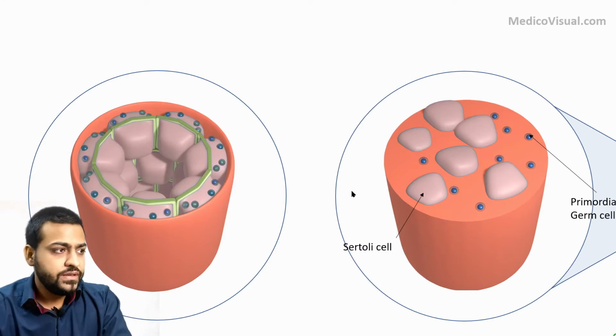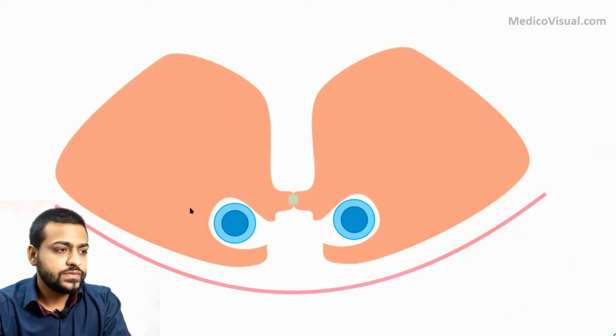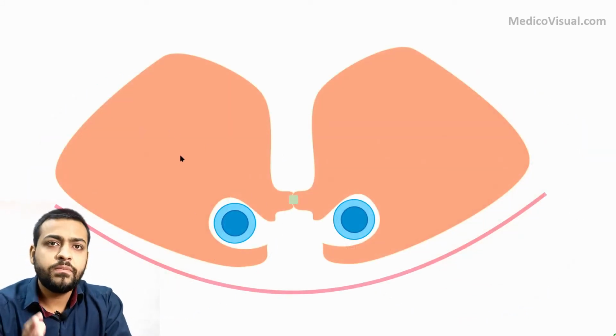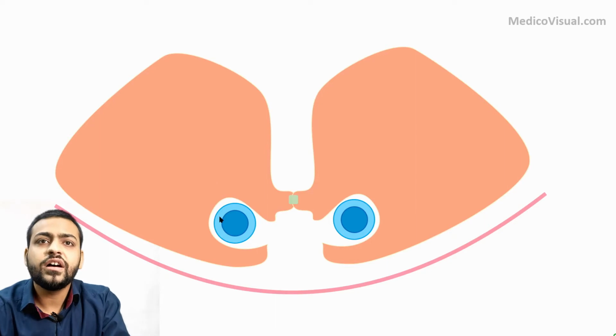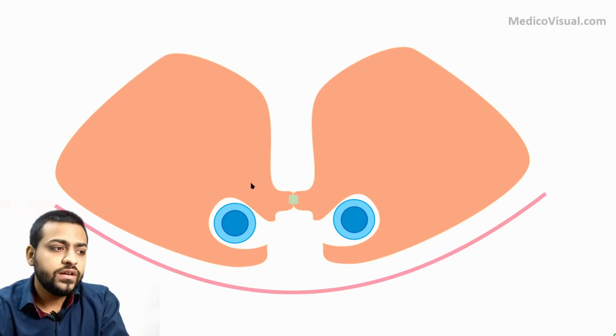Let's look at it in a simple 2D diagram. This is the special recess, pit, or groove of the Sertoli cells, and in that groove a primordial germ cell is lying.